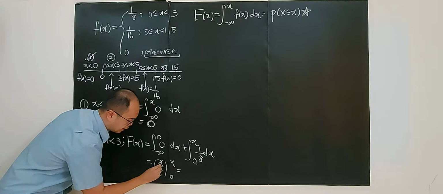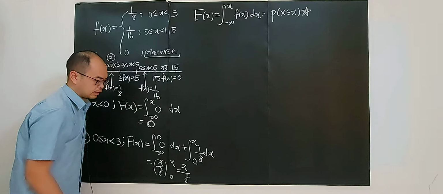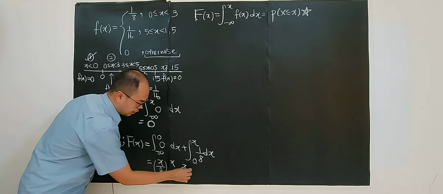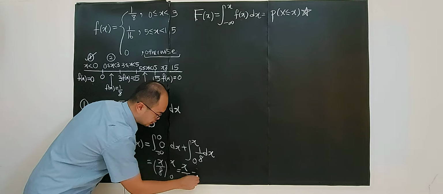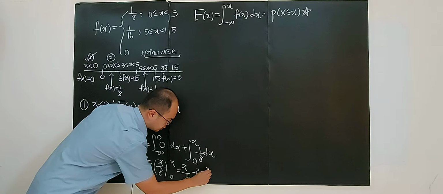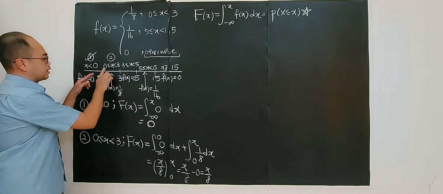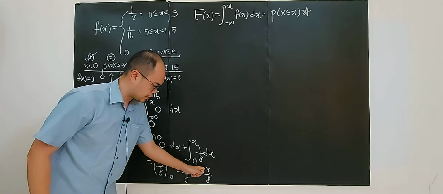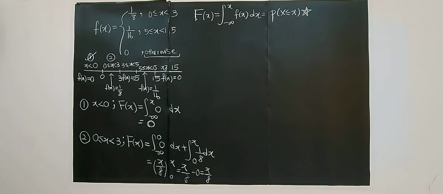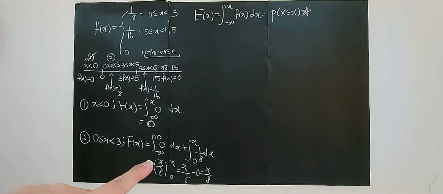You substitute the x, you have x over 8 minus 0 over 8, which is 0. So that's your answer for the cumulative distribution function for the second interval. For this interval, your capital F(x), the cumulative function, will be x over 8.